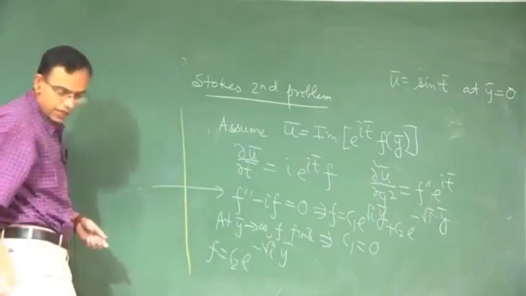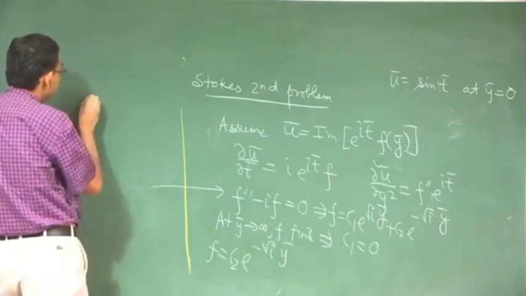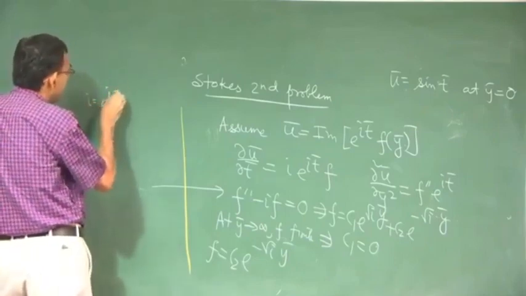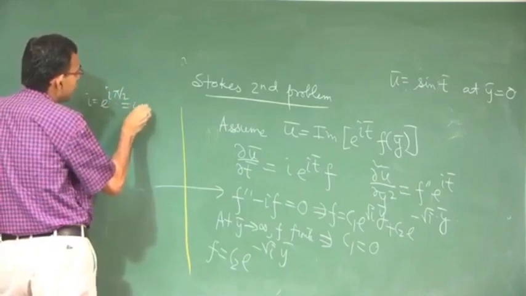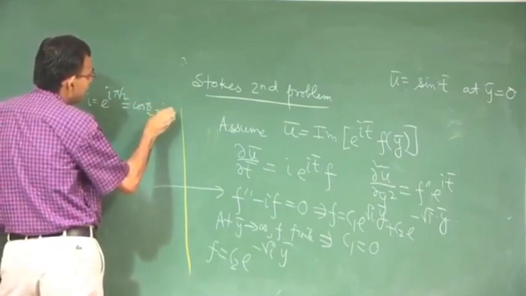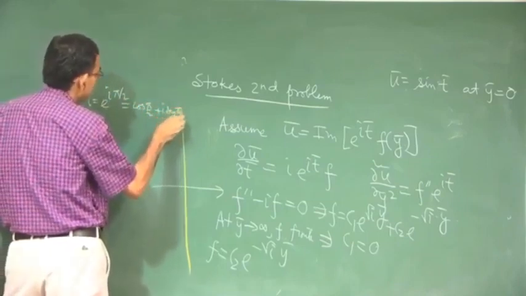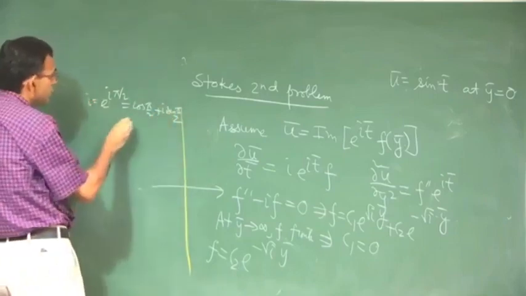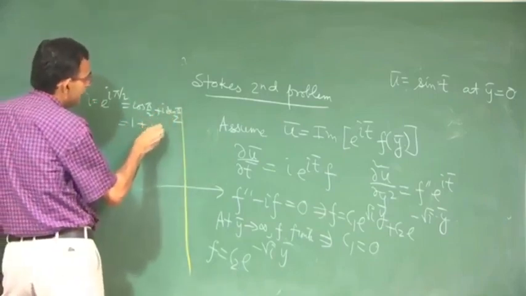Now, square root of I you can write in terms of I, because I is e to the power I pi by 2, this is cos pi by 2 plus I sin pi by 2, right.